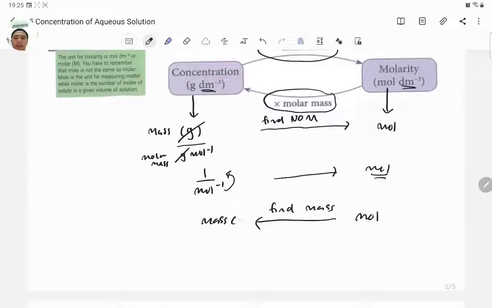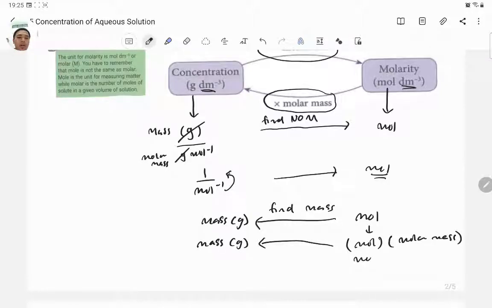So what we're gonna do is mole we will multiply with molar mass. From the formula number of mole equal to mass over molar mass, kita akan dapat this one lah, mass.